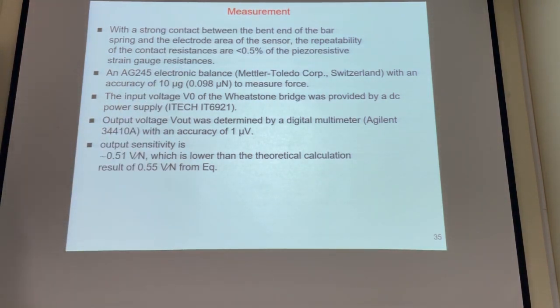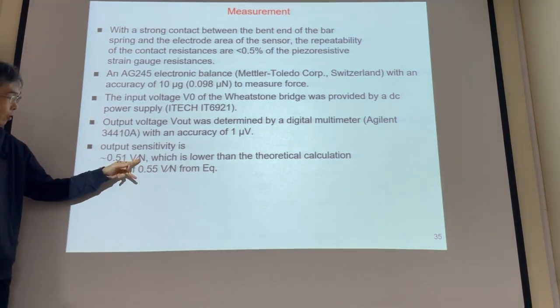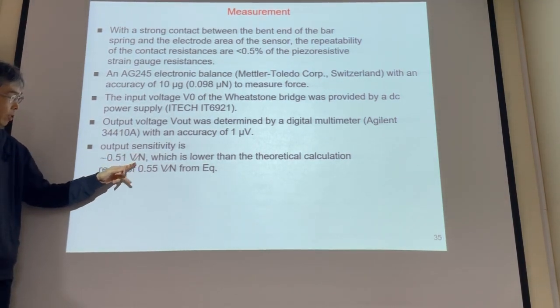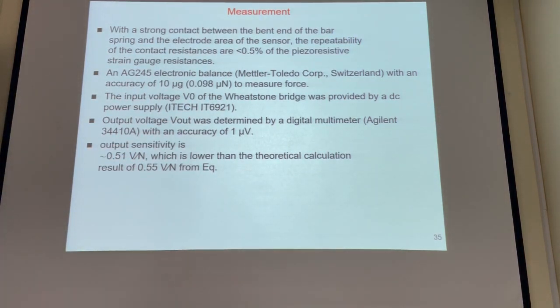Okay, so the sensitivity, voltage divided by Newton, is 0.1 volt per Newton. So for any meaningful result, your output voltage should be in the millivolt range.